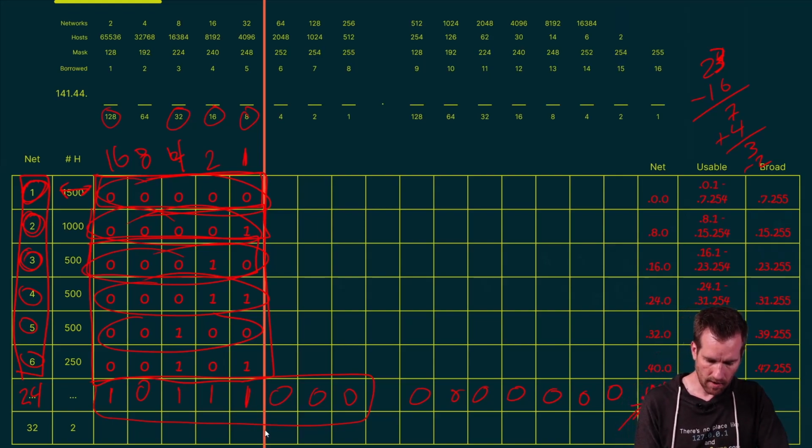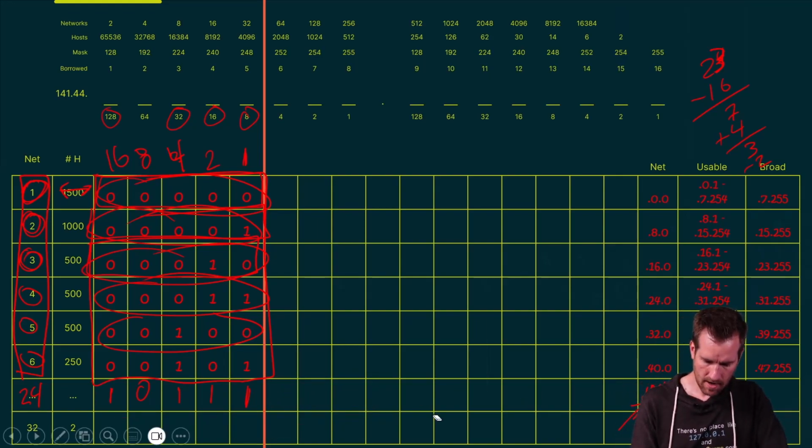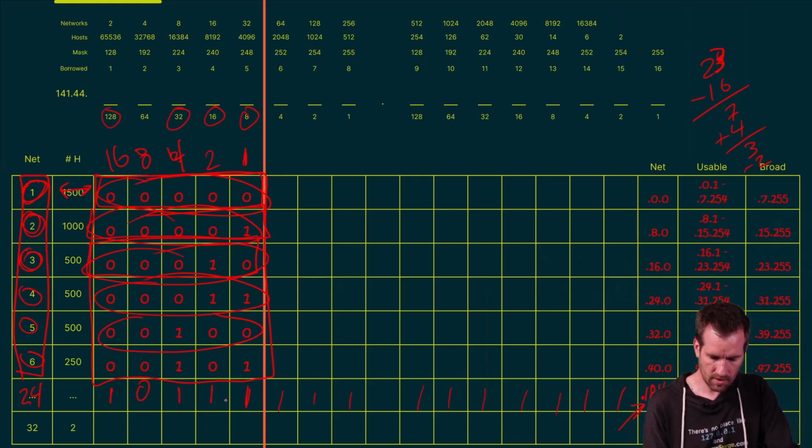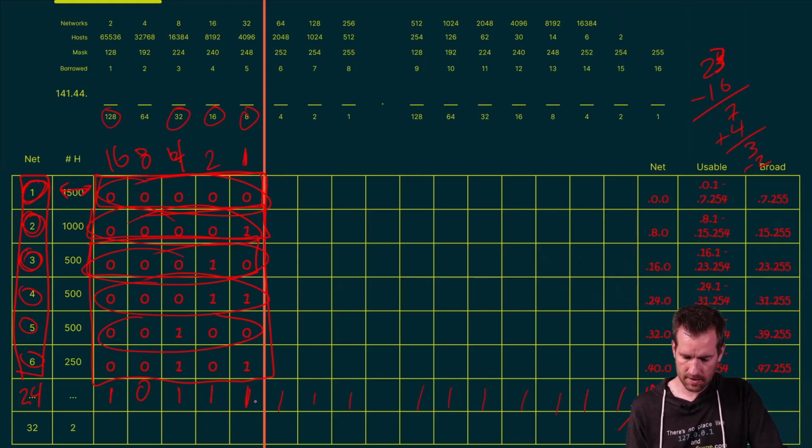All right, so then how do I figure out my broadcast address? Well, all I do is put 1s all in here. If I add 1s in there, I can count this all up: 128 plus 32 plus 16 plus 8 plus 4 plus 2 plus 1, and that's 191.255.